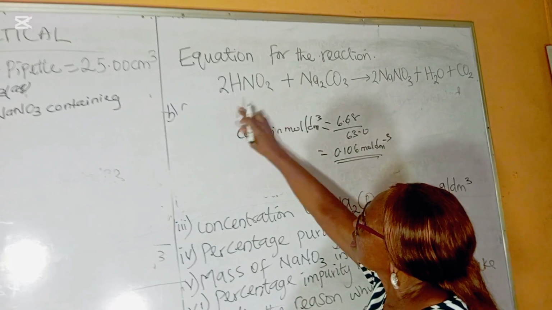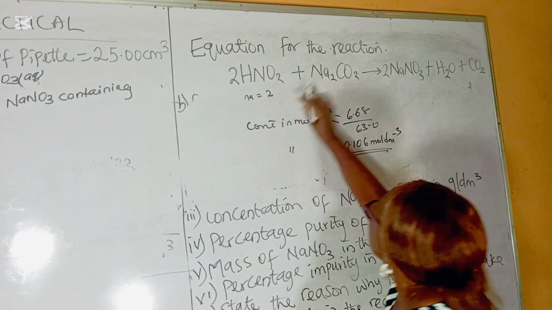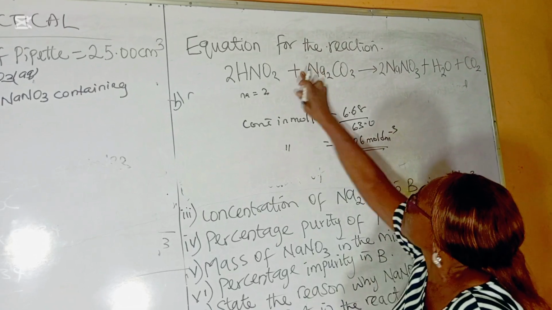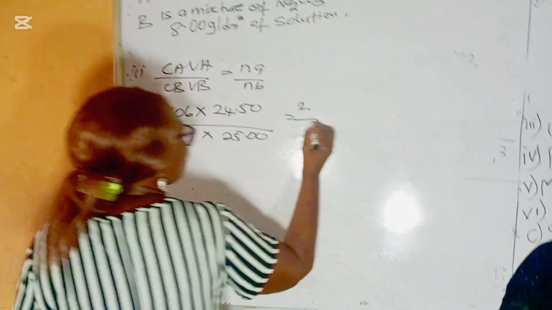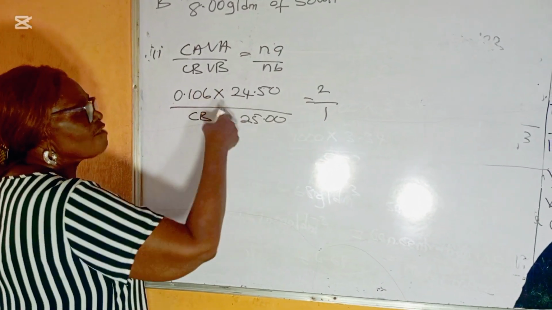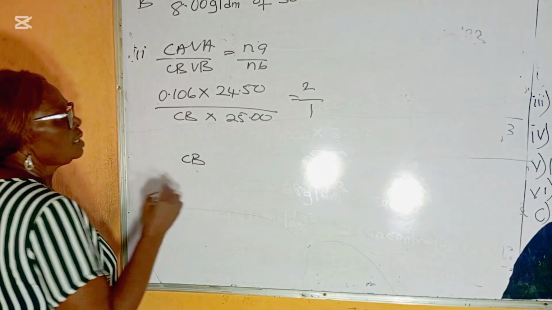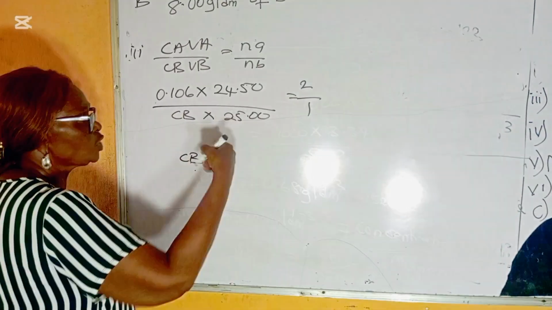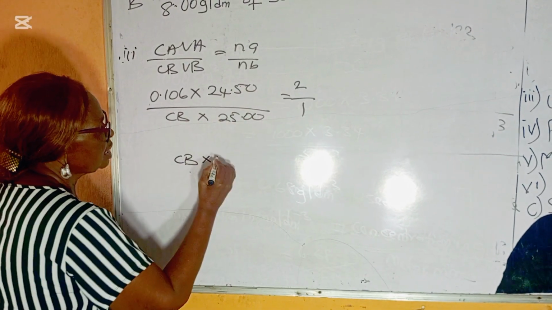Just know your acid. Your acid is 2, which is Na is what? 2. And your base is what? 1. Therefore, Nb is what? 1. You substitute it here, which is 2 over what? 1. You have mark for the mole ratio and you have mark for correct substitution. Then you make Cb the subject of your formula. Let's do it in a simple way. Bring everything together.